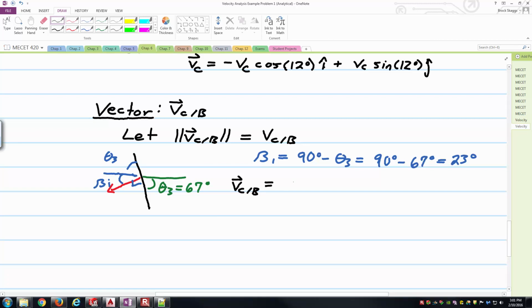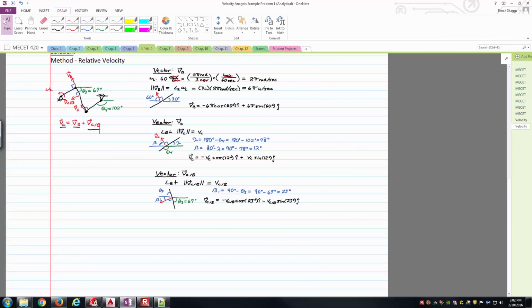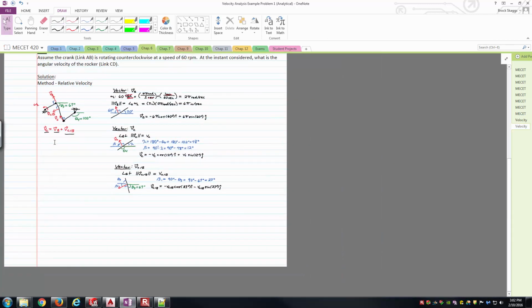And so I'll say something like negative v c relative to b times the cosine of 23 degrees i minus the velocity of c relative to b times the sine of 23 degrees j there. And so at this point, we are now ready to start looking at this vector equation over here, because at this point I've got all three of these characterized in terms of i and j components. And so we'll work on this down here.